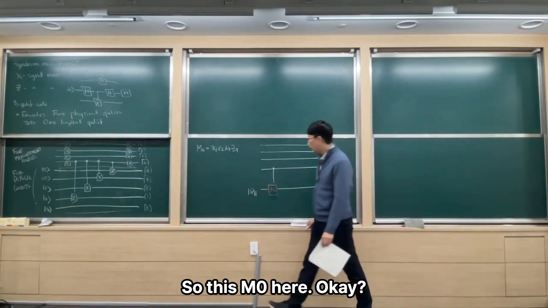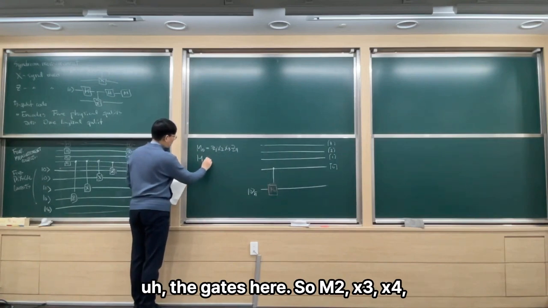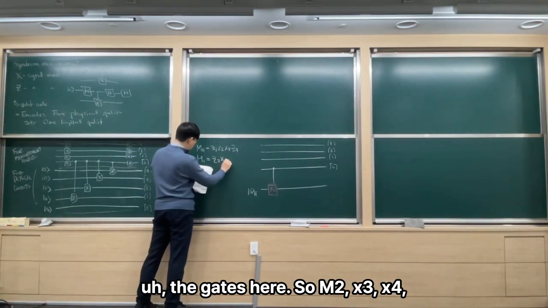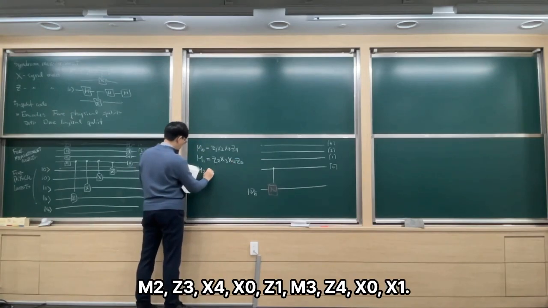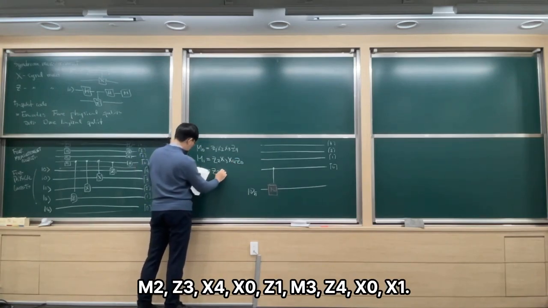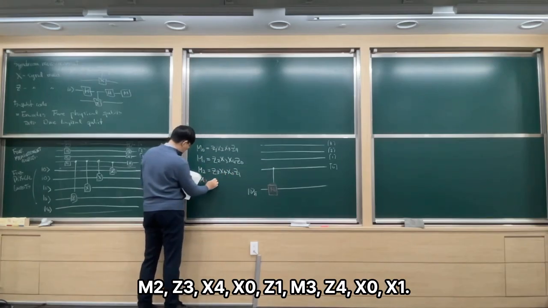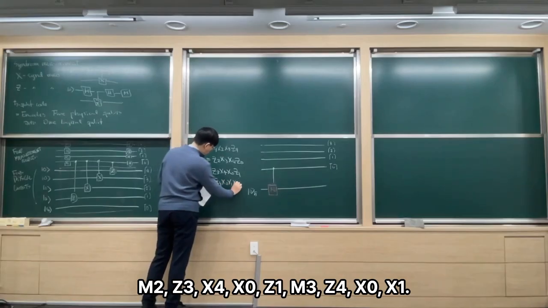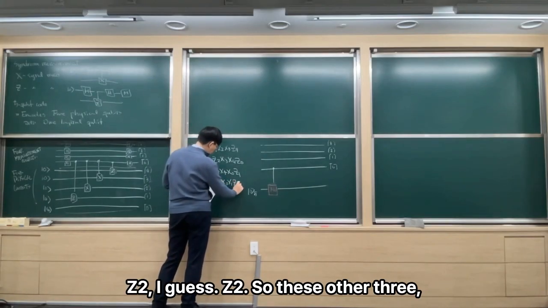Okay, so let me write down 3 more gates here. So M2, X3, X4, that's 0, M2, that's 3, X4, X0, that's 1, M3, that's 4, X0, X1, and I think I made a mistake, Z2, I guess, Z2.